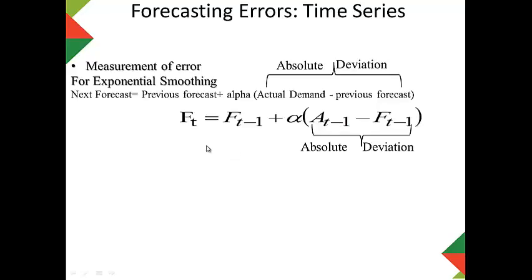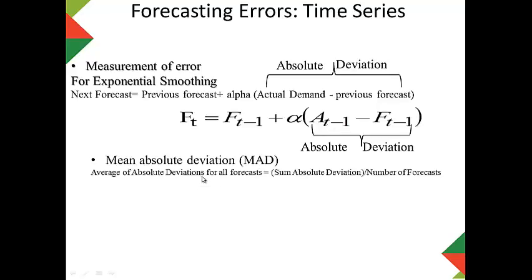Even if it comes out to be negative, when we say absolute deviation, we would not take into account the sign. If the forecast is more or the actual was more, we are just ignoring the sign. And mean absolute deviation would be the sum of all absolute deviations divided by the number of forecasts.